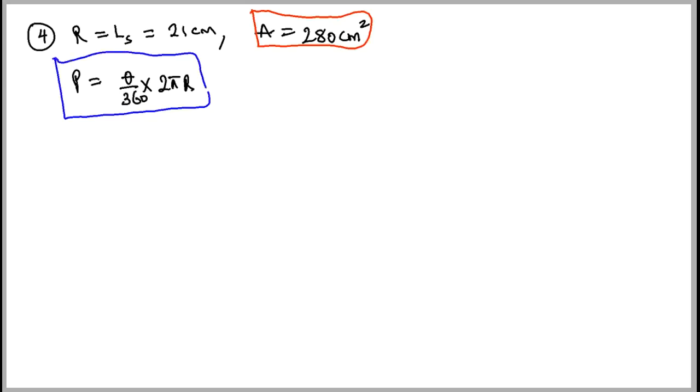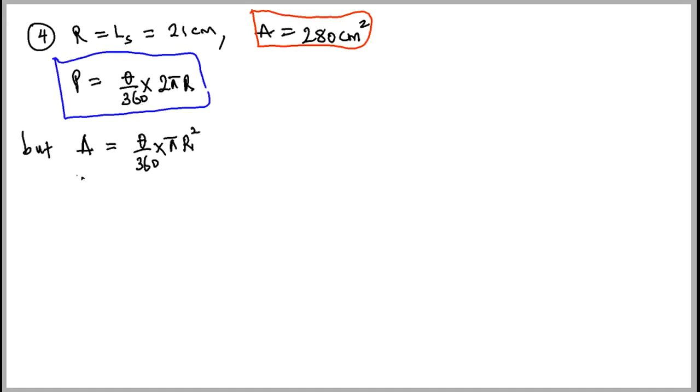So I will now write that the area of a sector is equal to theta over 360 times pi R square. Since we are dealing with sector and cone, I will not use small r again to avoid confusion. My sector radius is always big R whenever we are dealing with sector and cone.